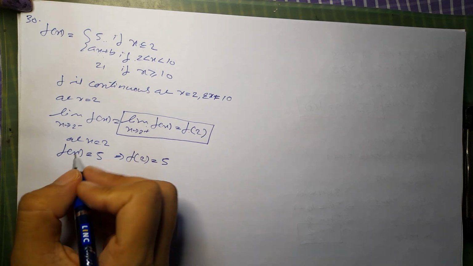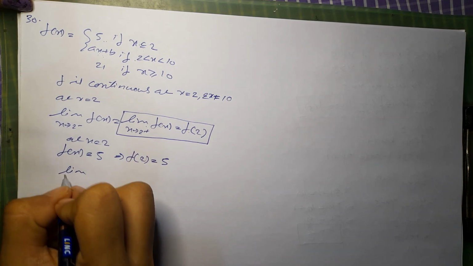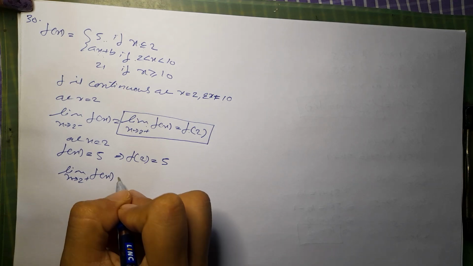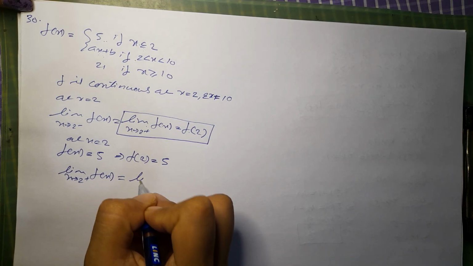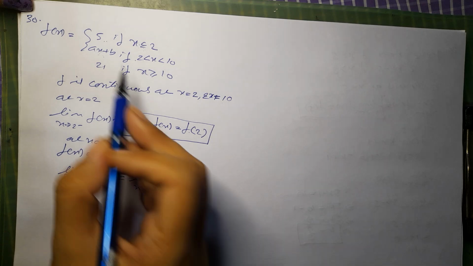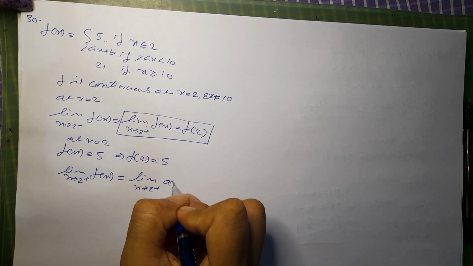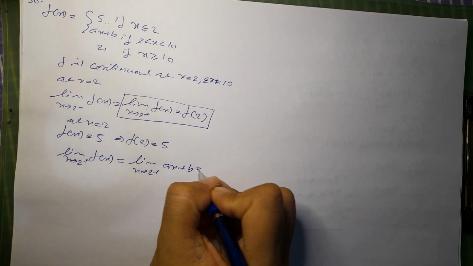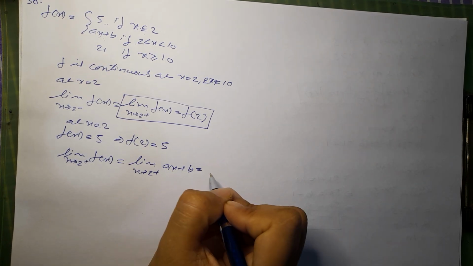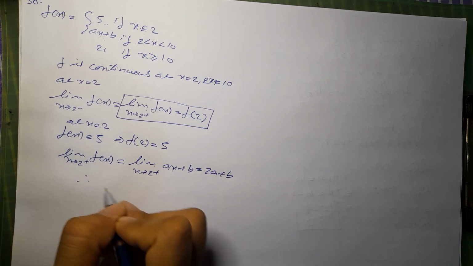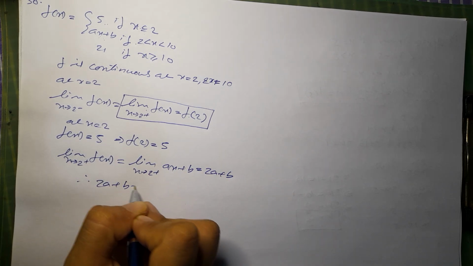Now the right hand limit, limit x tends to 2 plus f of x, is ax plus b. Instead of x it will be 2, so 2a plus b. These two are equal, therefore 2a plus b equal to 5.